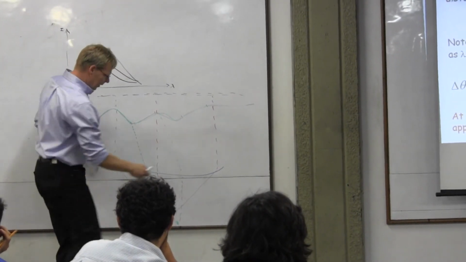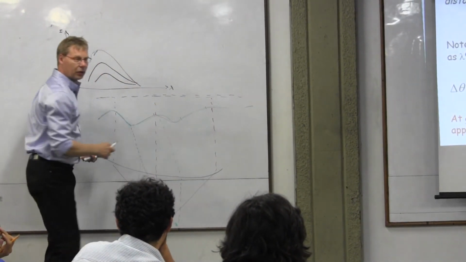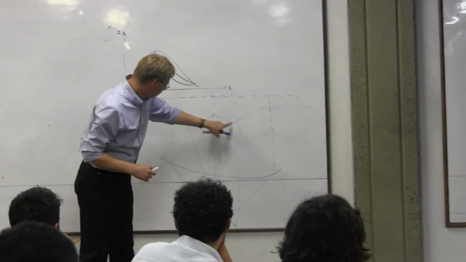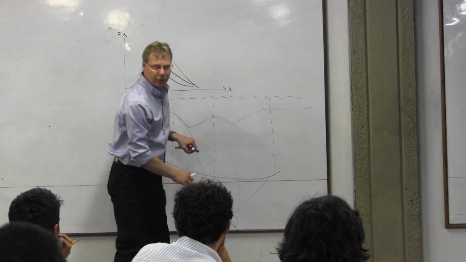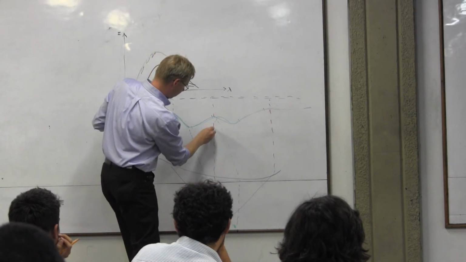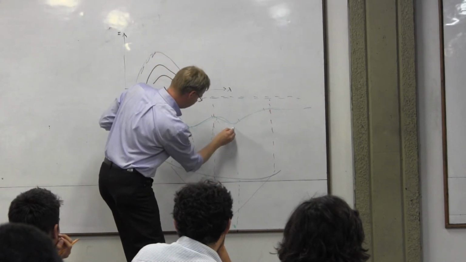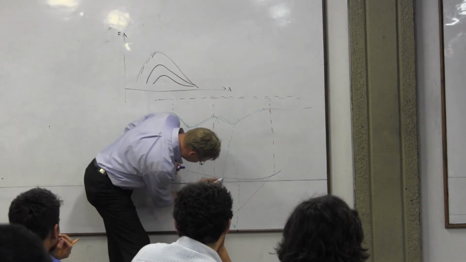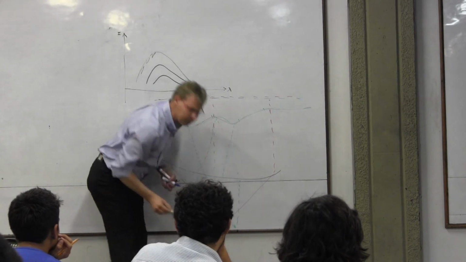Now, unfortunately, my telescope mirror is bigger than R naught, meaning that the light from that part above the telescope will actually travel this way, and be focused here.